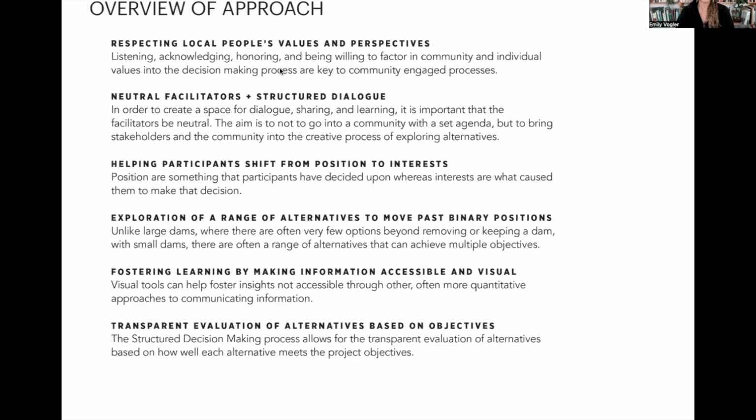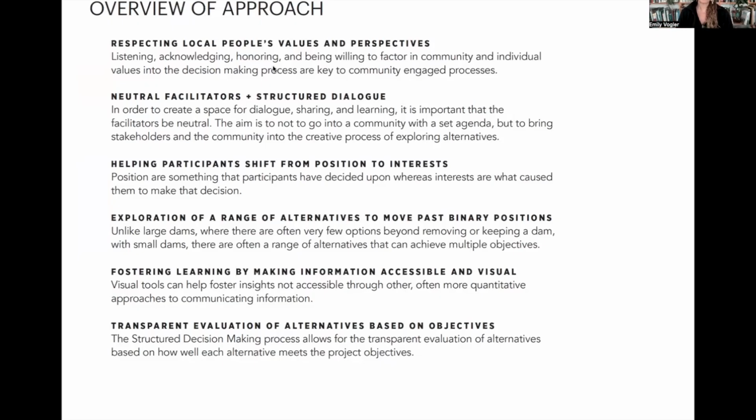There's a couple key aspects of the overview of this approach, and then I'll get into how we do it. I'm not going to go into a ton of detail about this, but I'm also happy to follow up with anybody who's interested afterwards.